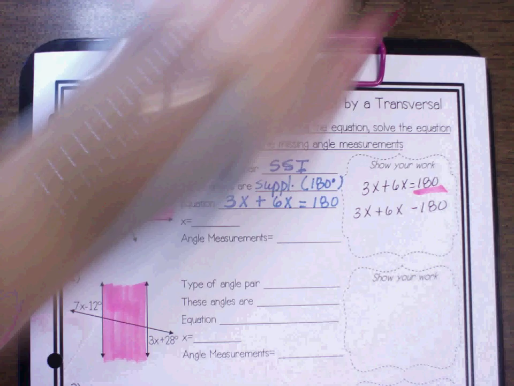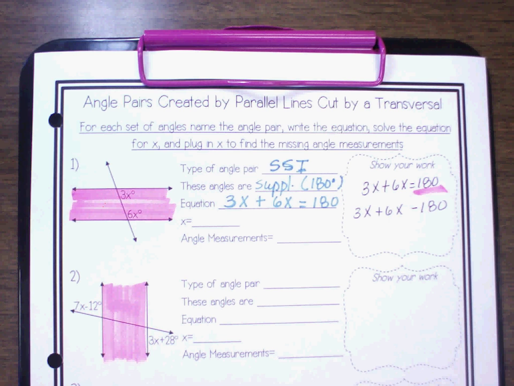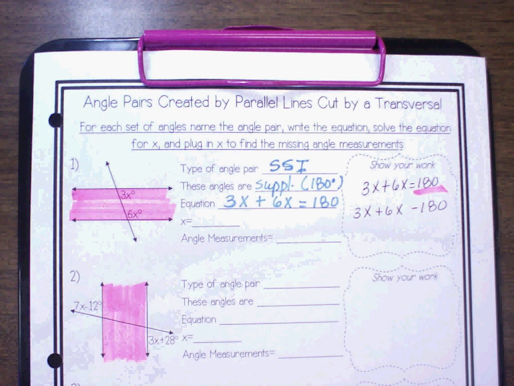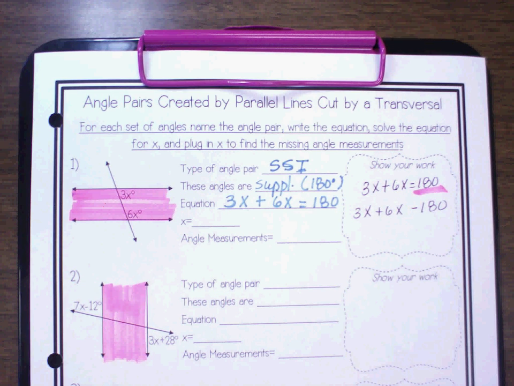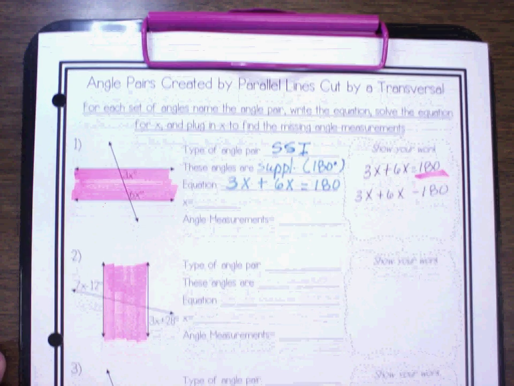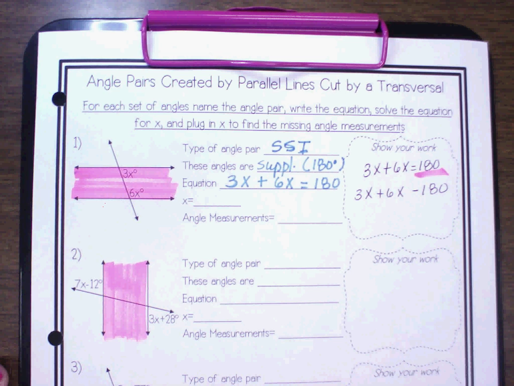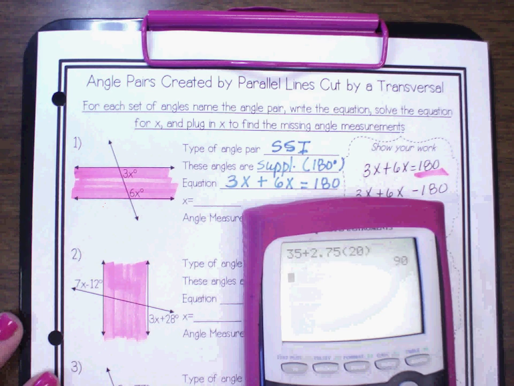180, right? And over here, we're going to show our work, which all we're doing is highlighting what we're moving. Copying down what's not highlighted and changing to its opposite what we're moving. And then the calculator takes over, correct? All right, go for it.